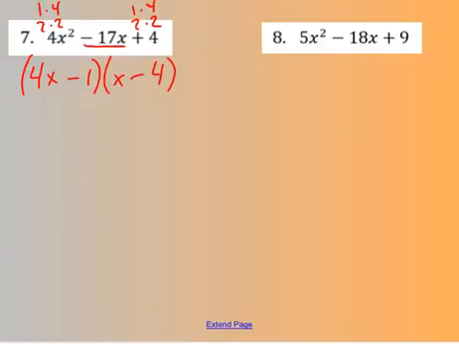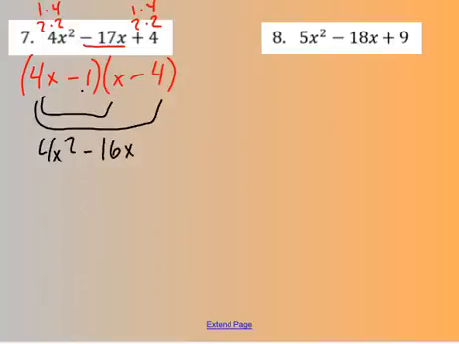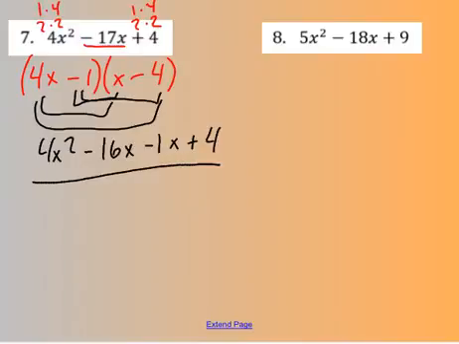Yeah. Negative, negative. Let's look at this. 4x squared minus 16x minus my 1x, and then a negative 1 and a negative 4, negative 5, is a positive 4. Okay. I forgot you're multiplying.